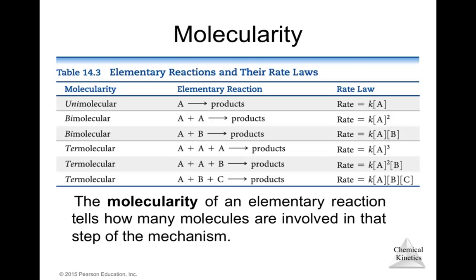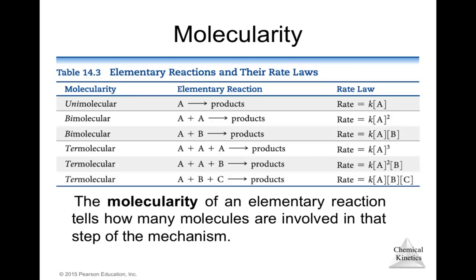And each of those elementary steps also has a rate law. So in this case, for a unimolecular elementary step, the rate is equal to k times the concentration of A, just one reactant. We can also have an elementary step with two molecules, a bimolecular elementary step.